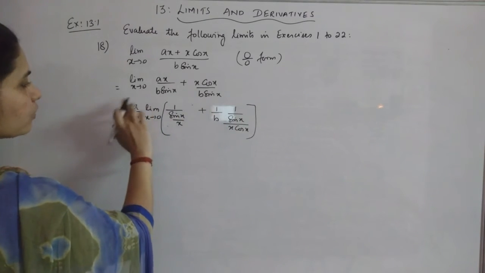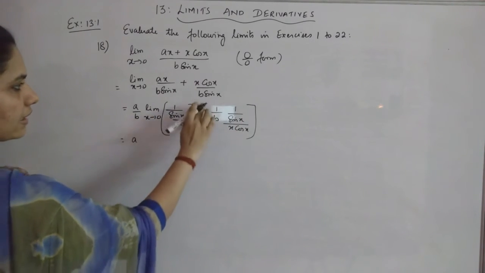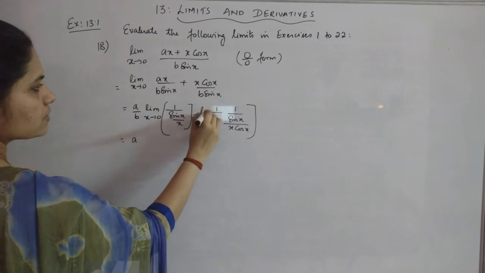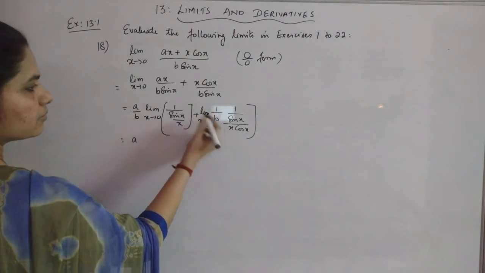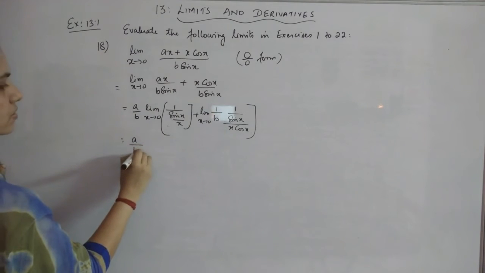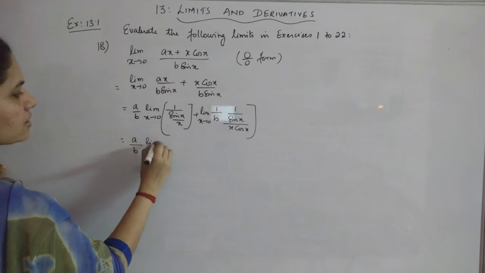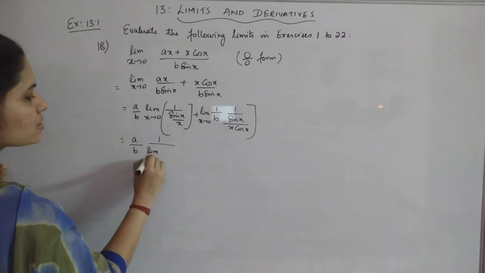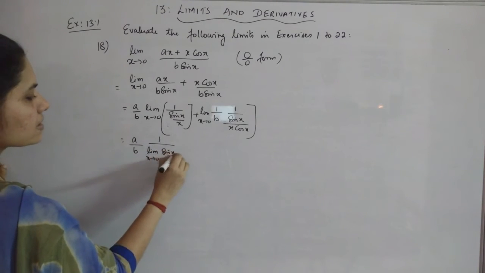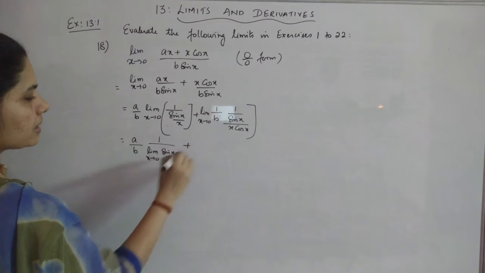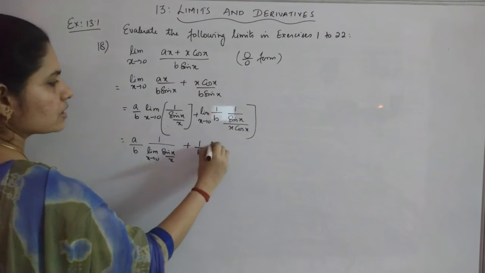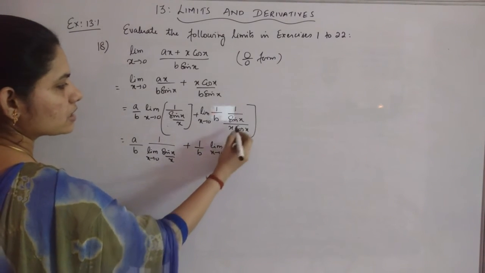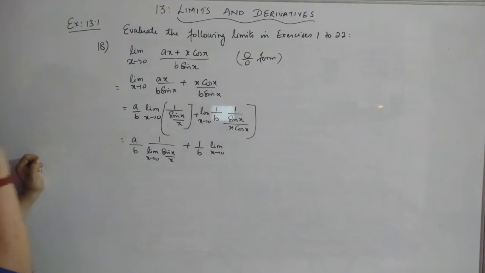1 by b, I can write like this, again giving the limit to this part. B will be taken out in the next one. So for a by b, I will just give the limit to the denominator. So this will become the limit as x tends to 0 of sin x by x. Plus 1 by b can be taken out, and here sin by cos can be made as tan x.